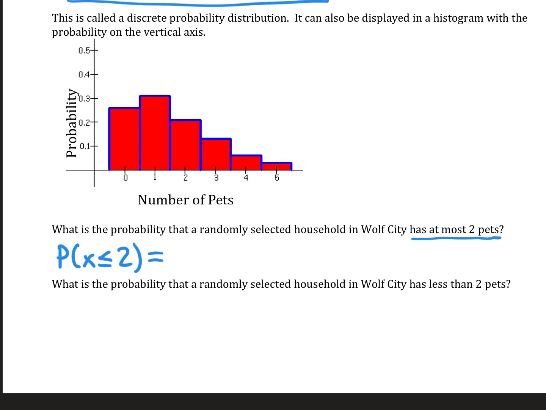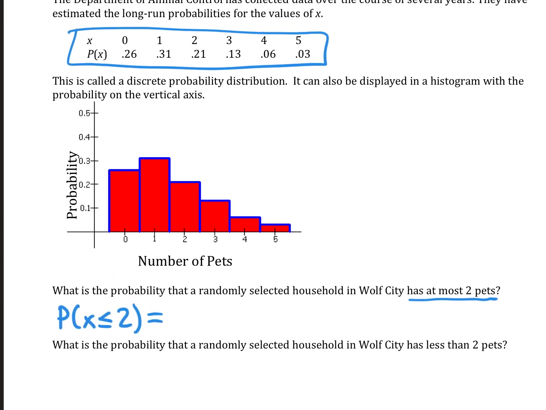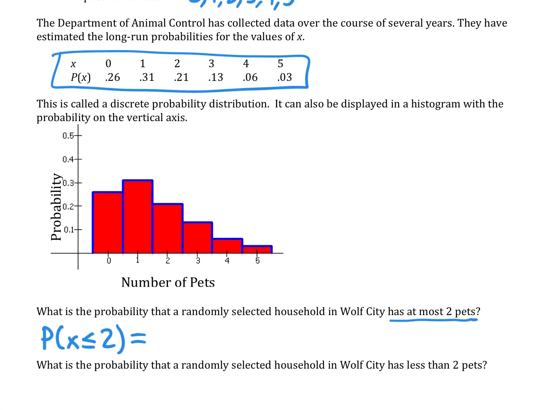The way we figure out the probability that the house has less than or equal to 2 pets, we go to the table. And so the values that satisfy less than or equal to 2 are 0, 1, and 2. And so we have to add up the probabilities for each of those. So 0.26 plus 0.31 plus 0.21 equals 0.78.